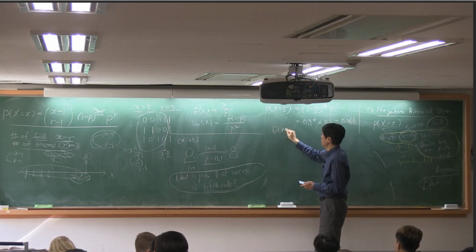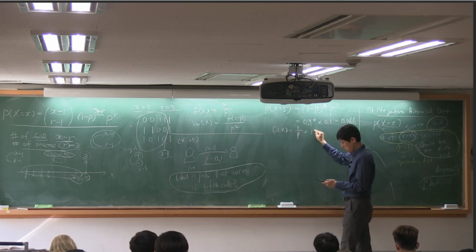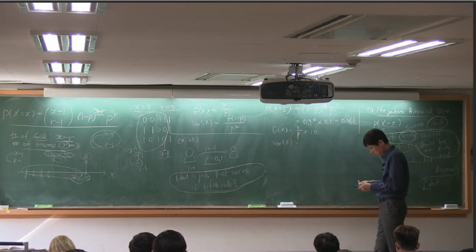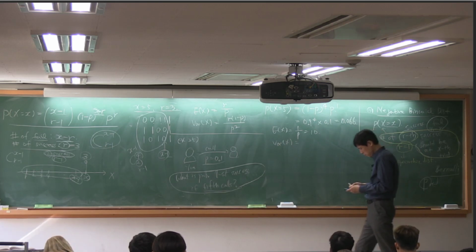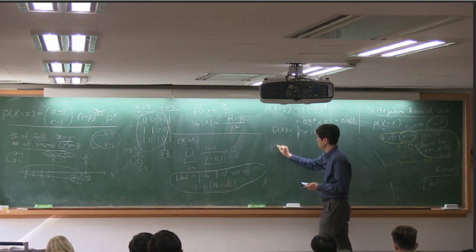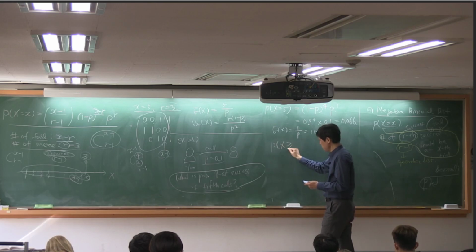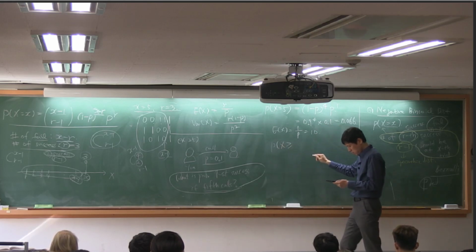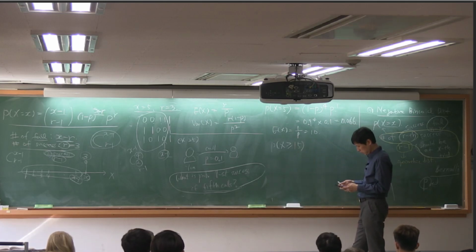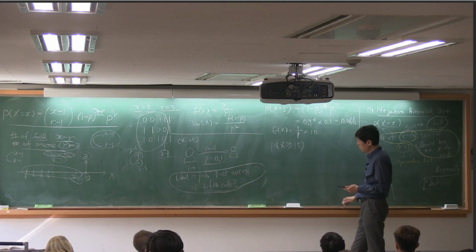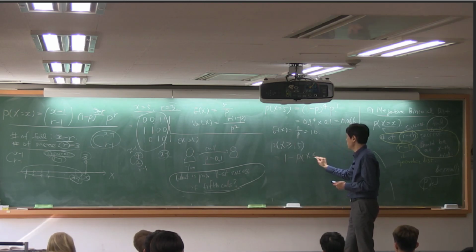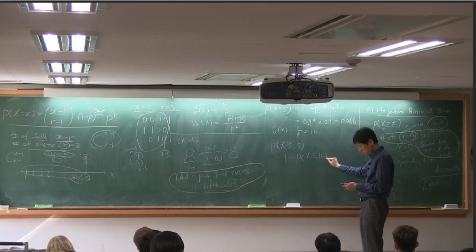What is the expectation? Variance. What is the probability that x is greater or equal to 15? This means 1 minus the probability that x is less or equal to 14.